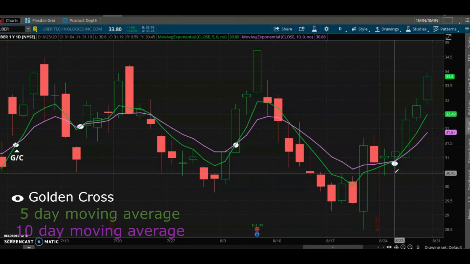Now you always have to remember that you want to use these indicators in conjunction with something else, whether it's that you're just studying the price action and you want to use your golden crosses to confirm the fact that price action is moving up, or it could be your Bollingers.